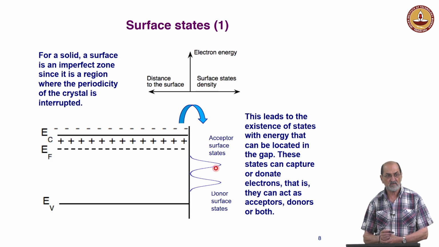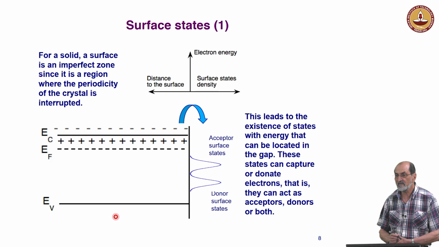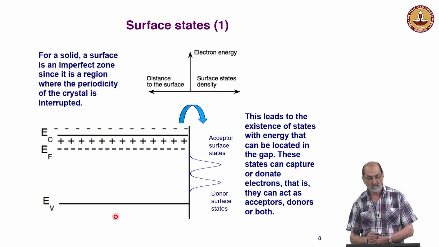You know that difference between donor and acceptor levels. So if this is the situation originally, and we have here an N-type semiconductor, electrons from the conduction band are going to drop into acceptor surface states, and here we are going to have a Schottky barrier. This typically happens in covalent semiconductors.